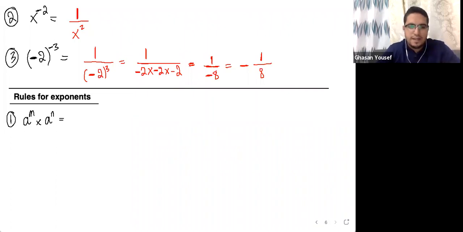So we have to write it as a to the power m plus n. We do summation for the exponent. If the base is the same, we just sum the exponents, m plus n.